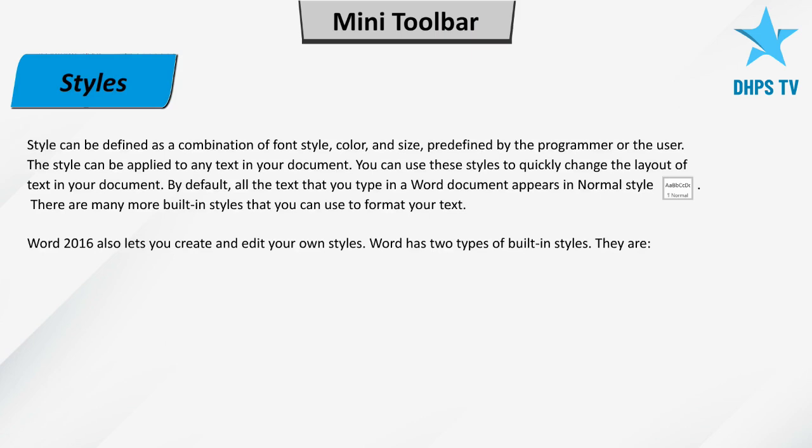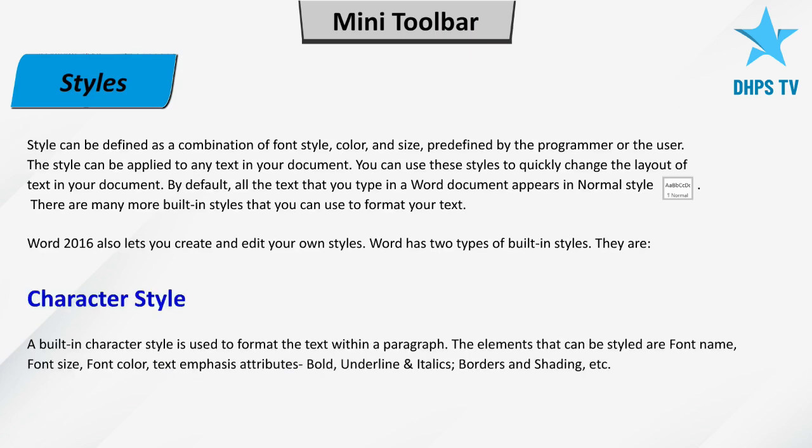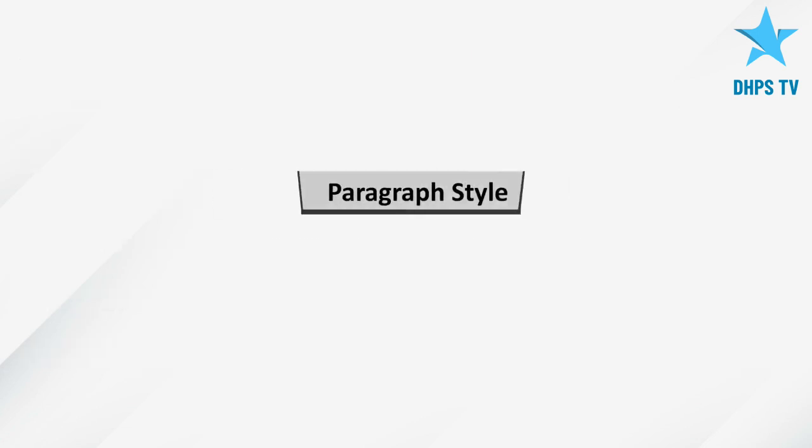Word has two types of built-in styles. They are character style. A built-in character style is used to format the text within a paragraph. The elements that can be styled are font name, font size, font color, text emphasis attributes, bold, underline and italics, borders and shading, etc. Paragraph style.